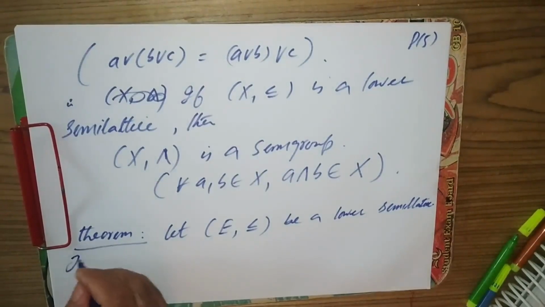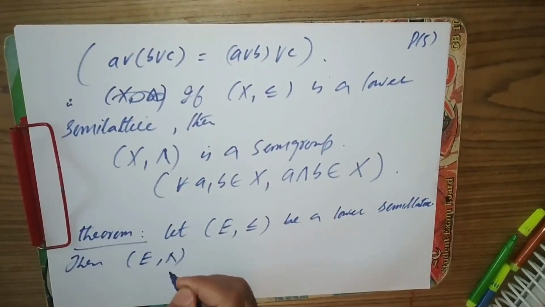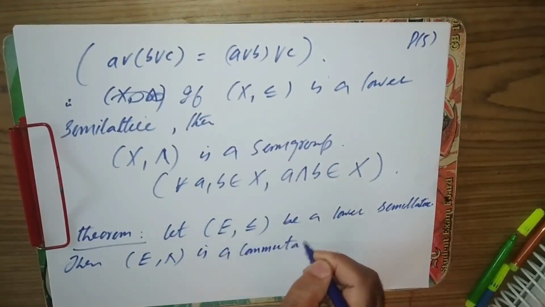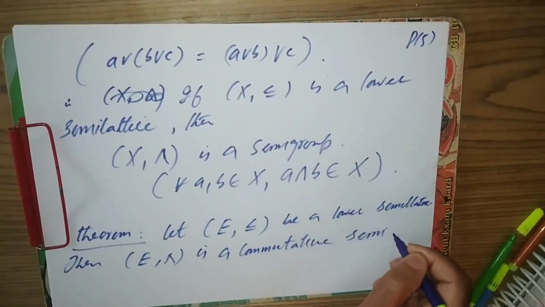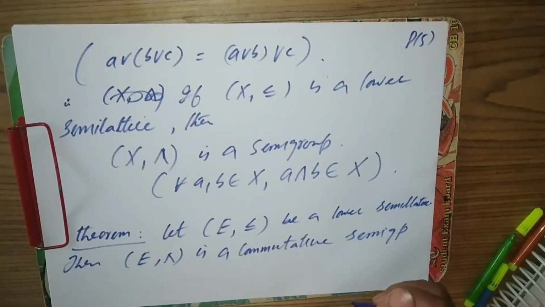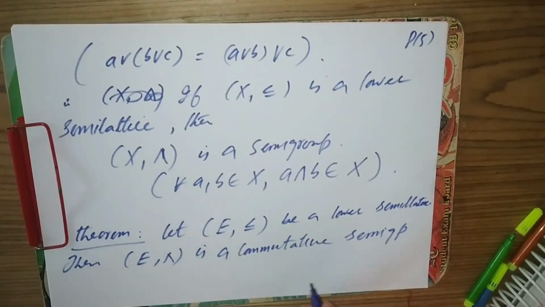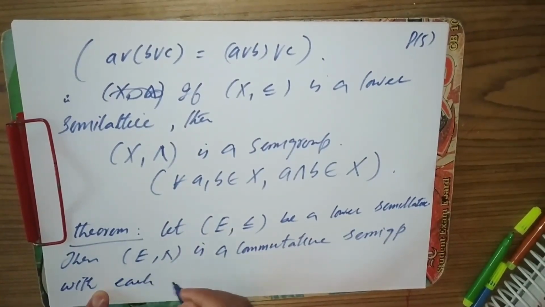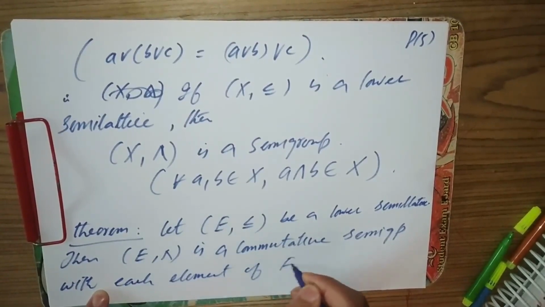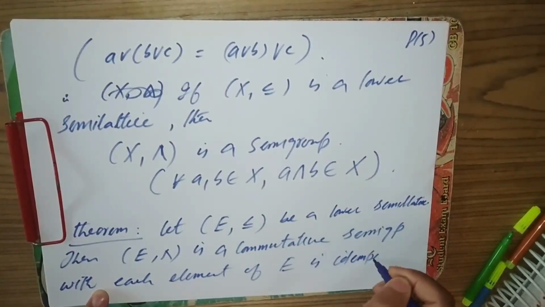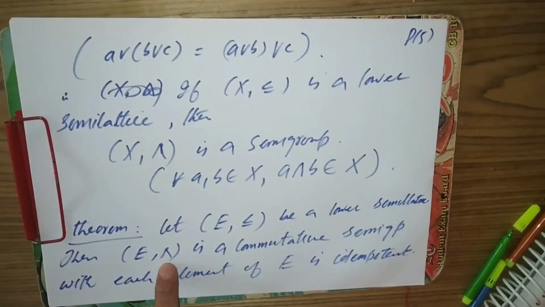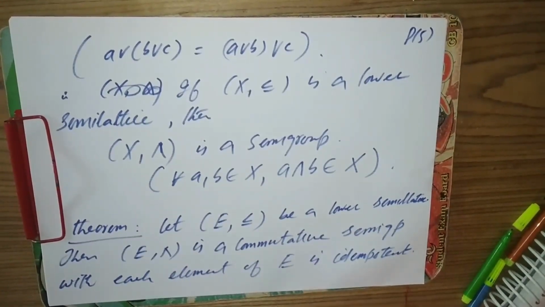Then E together with this operation is a commutative semigroup consisting entirely of idempotents, meaning each element of E is idempotent.